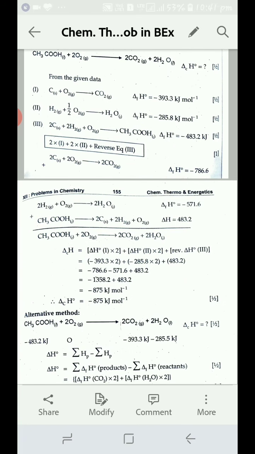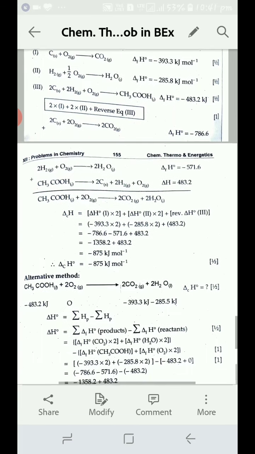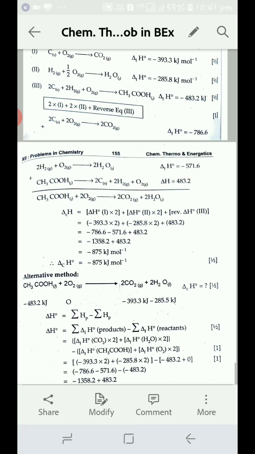So write down the products and reactants and calculate the answer. Okay. So product is 2CO2 plus 2H2O.